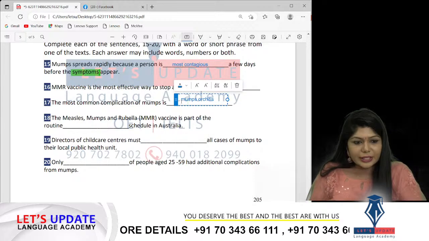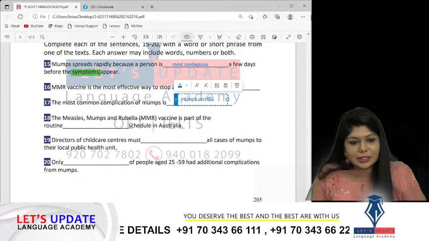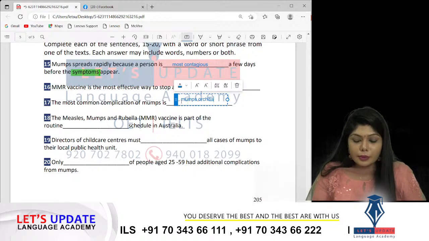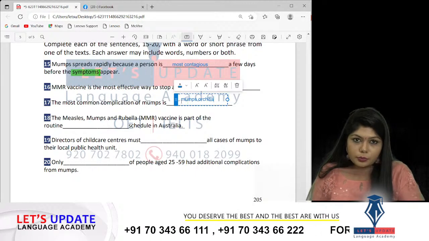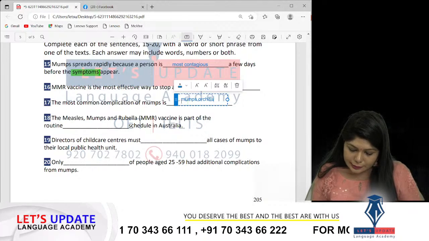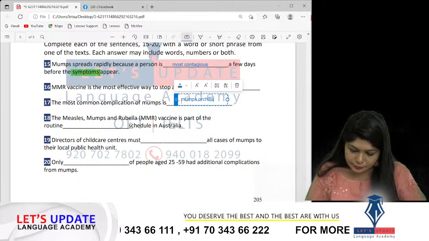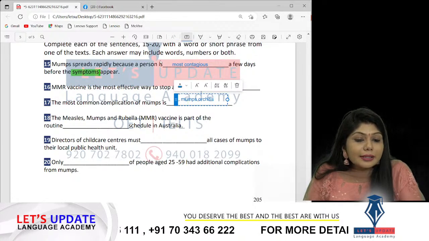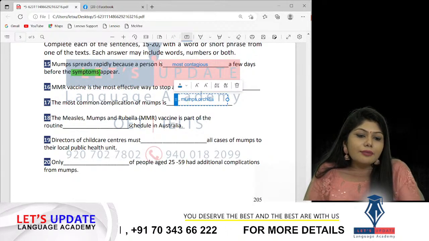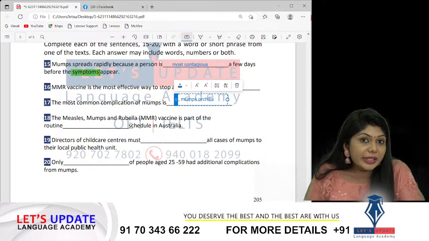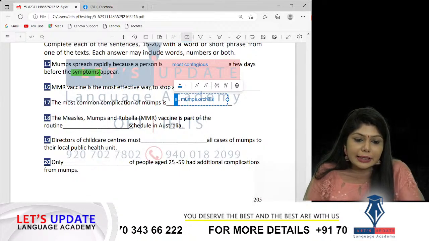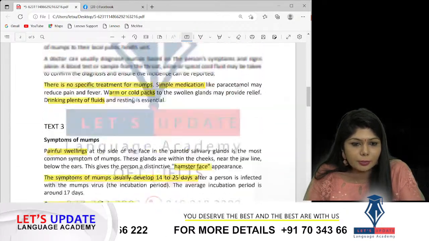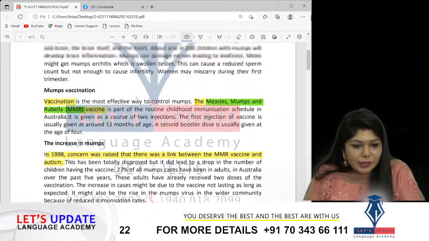Okay, moving to the next question. The measles, mumps, and rubella vaccine is part of the routine dash schedule in Australia. So, what do you think the answer is? Regarding the MMR vaccine, we have talked about it in the very first part, right? In text A, that is part A. So, we'll quickly move up to part A and search for the information.